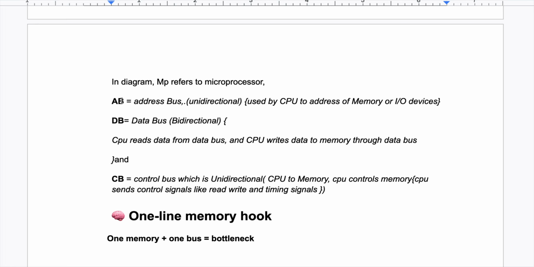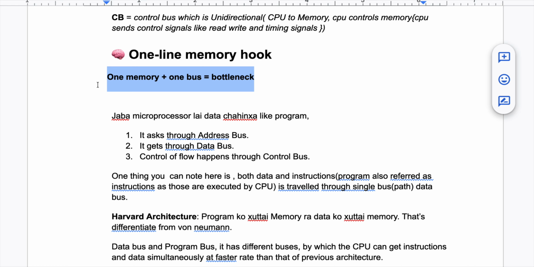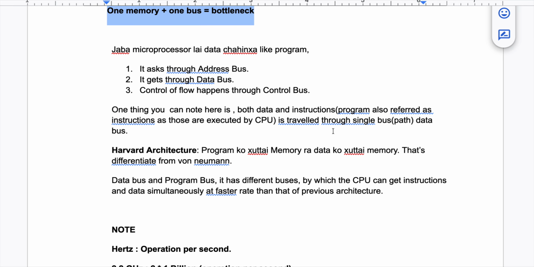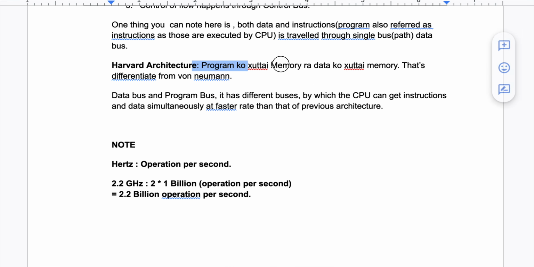The address bus is unidirectional, the data bus is bidirectional, and the control bus is also unidirectional. In von Neumann, we have one memory plus one bus, so it is a bottleneck compared to the Harvard architecture. I've also tried to simplify this in Nepali for a microprocessor: the program asks through the address bus, gets data through the data bus, and control flow happens through the control bus. For the Harvard architecture, I've already explained that.